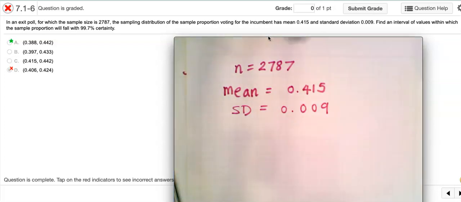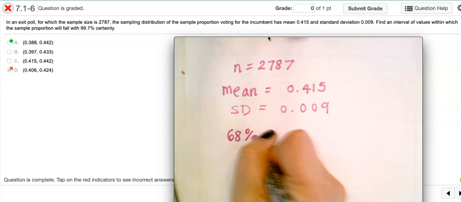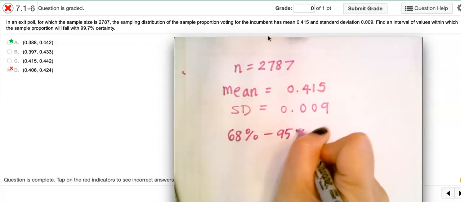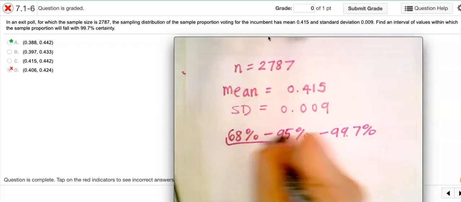Find the interval of values within which the population proportion falls with 99.7% certainty. Now, you've seen that number before. If I give you a couple other numbers that go with it, 68, 95, 99.7, have you seen this before? Yes, you did.